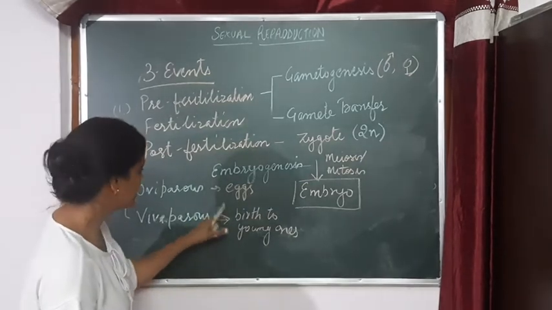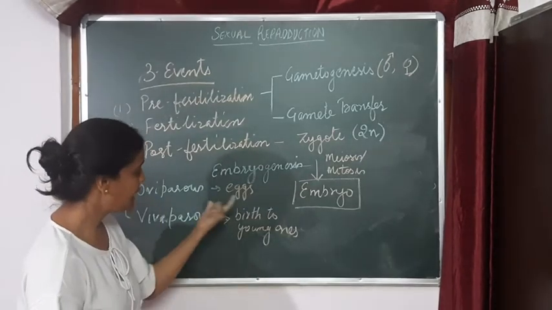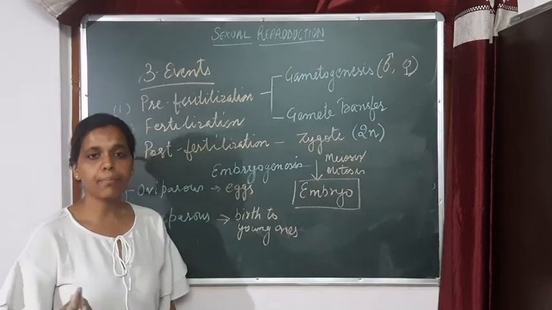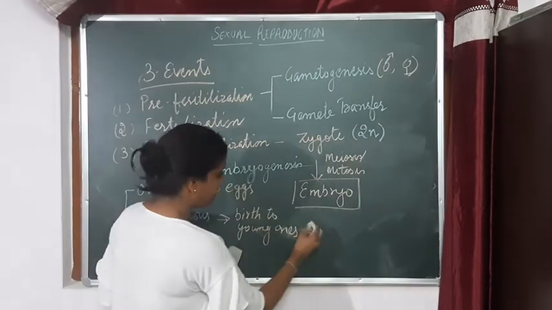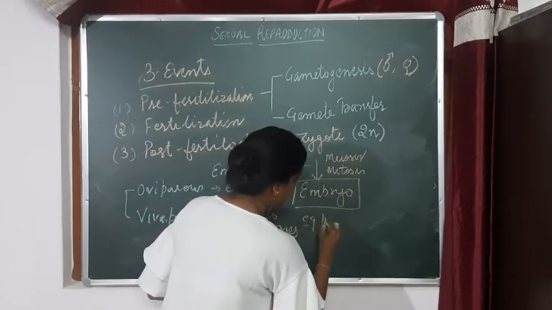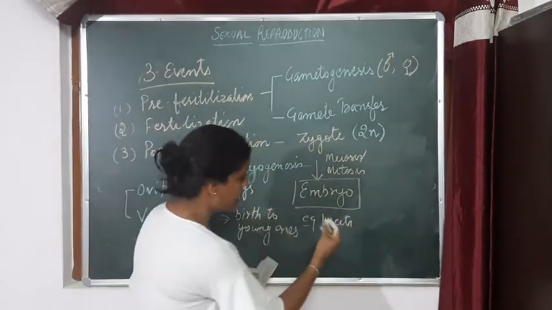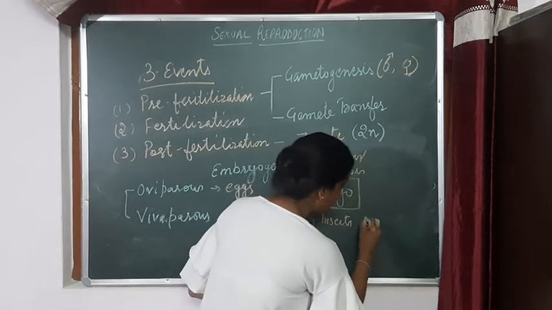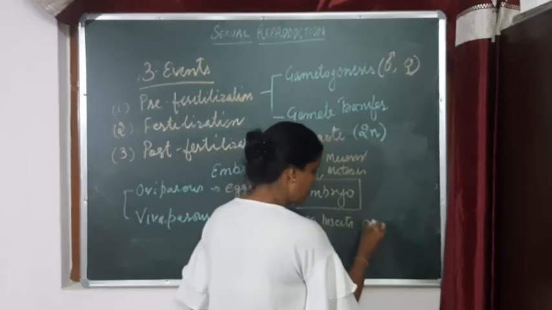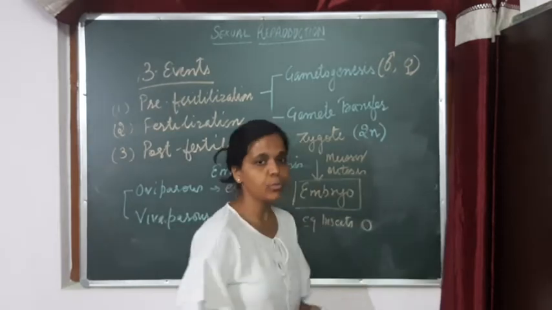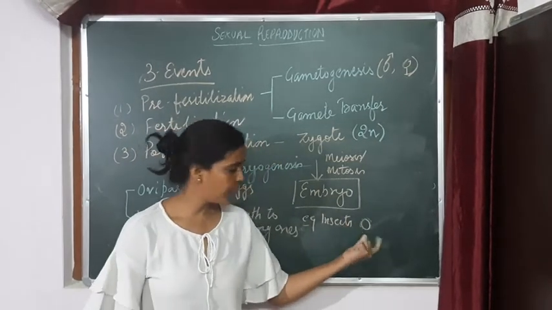Again, how does reproduction take place here? For example, if I take an example of an insect, after the zygote is formed, as I told you, it has a small covering outside so that it may be protected.